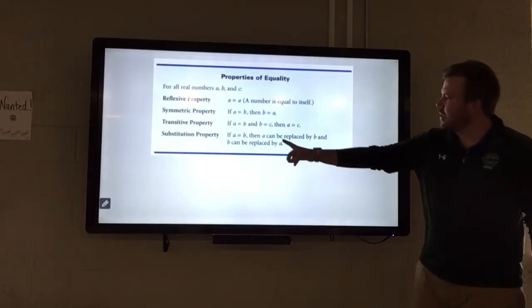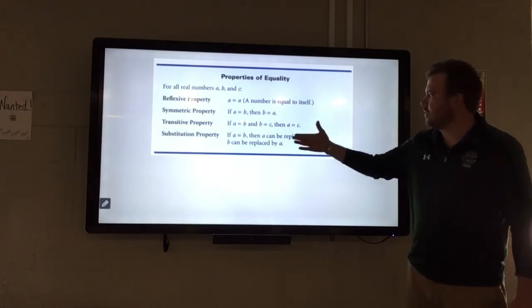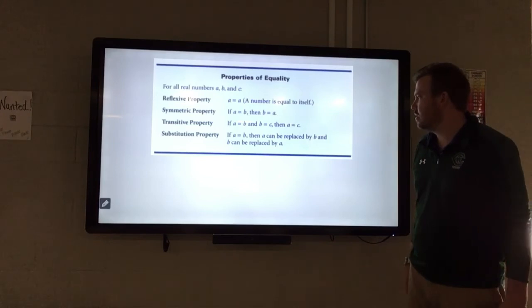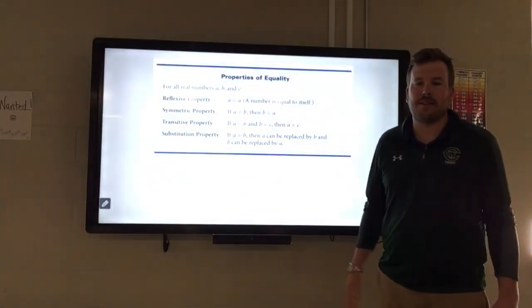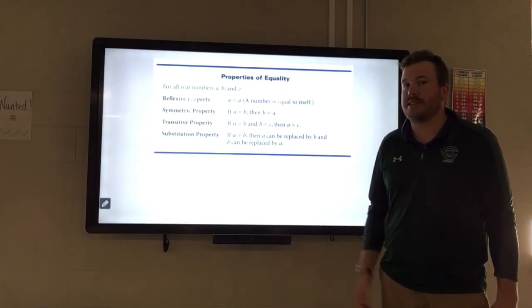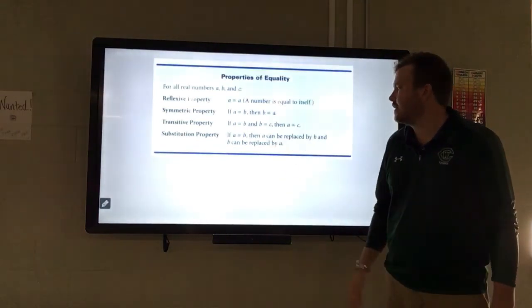If A is equal to B, then we can substitute B in for A, or A in for B, either way. This will be very useful when we get to chapter 7. If you look ahead, there's actually a section in chapter 7 called the substitution method where we do exactly this.